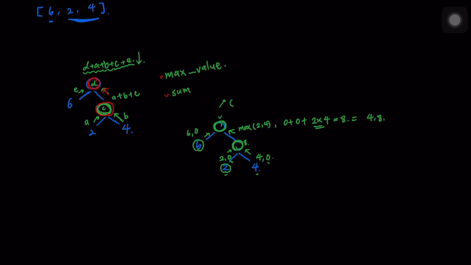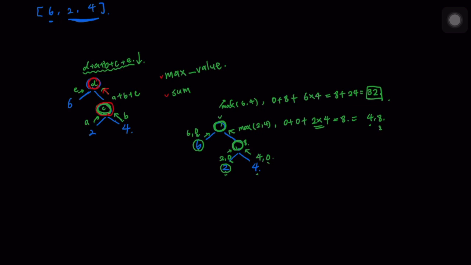The maximum value is the maximum of 6 and 4, and the sum of its children is 0, from this 0 and 8 from here, plus the value itself. So that is the sum of the left subtree and right subtree multiplication. So that is 6 multiplied by 4, which is 24, plus 8. So that is 32. So our answer is 32.